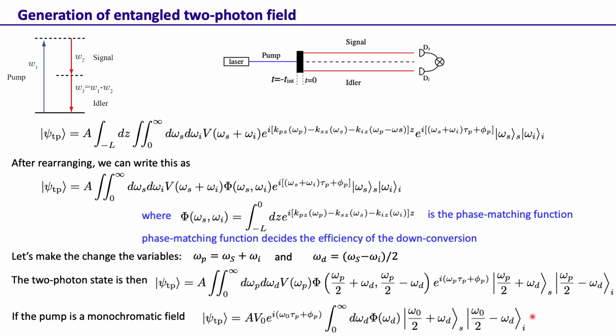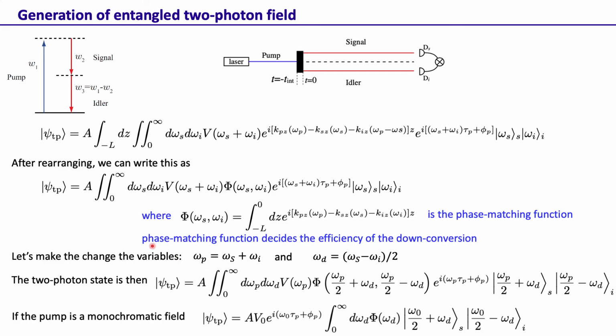So inseparability is the main criterion for a state to be entangled, and we can right away see that this represents an entangled state. But at this point, we are not going to go into the details of two-photon entanglement. Our aim is to first study two-photon coherence and two-photon interference, and then go towards two-photon entanglement.